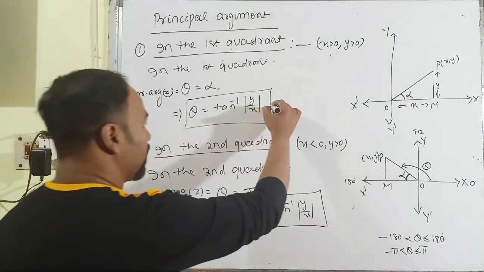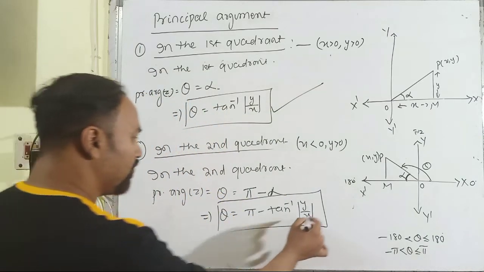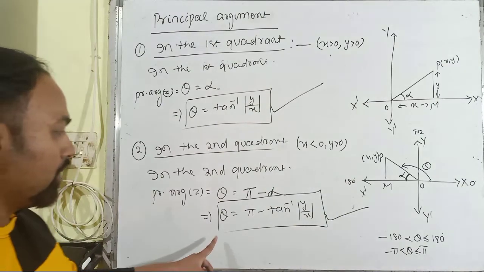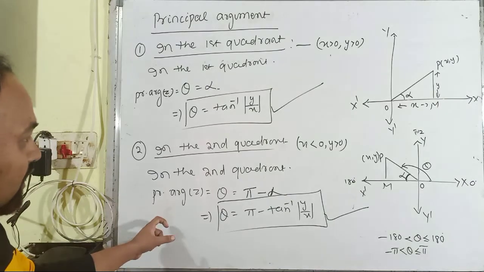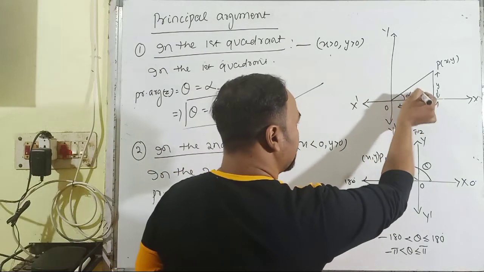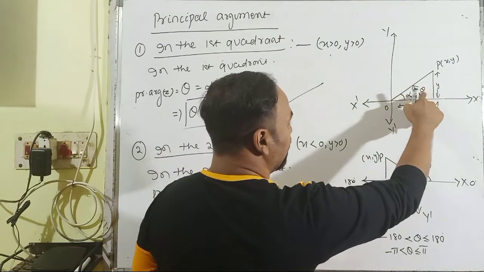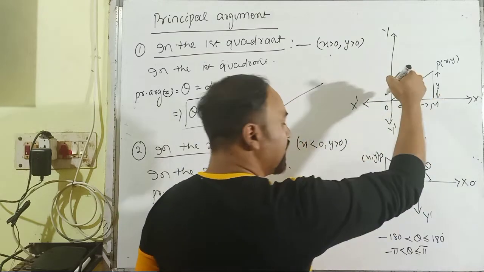And this is the formula of the principal argument of z in the first quadrant, and this is the formula of the principal argument of z in the second quadrant. And there is also a very simple fundamental here: we are measuring the angle of the principal argument of z, theta, from the positive direction of the x-axis.